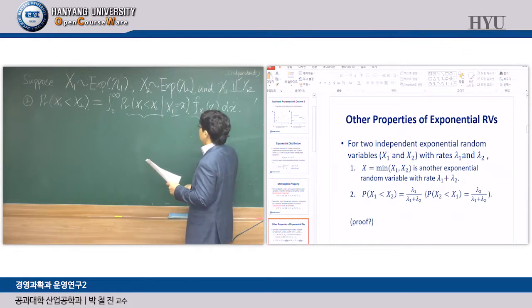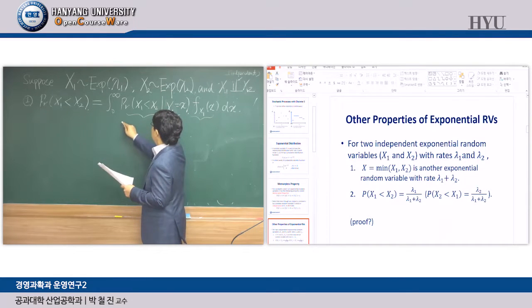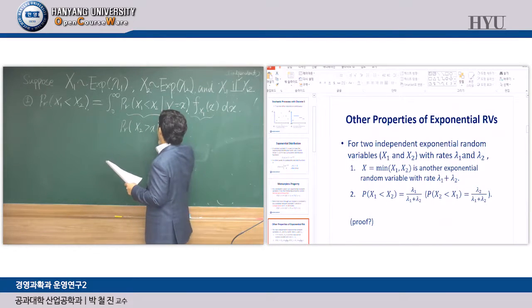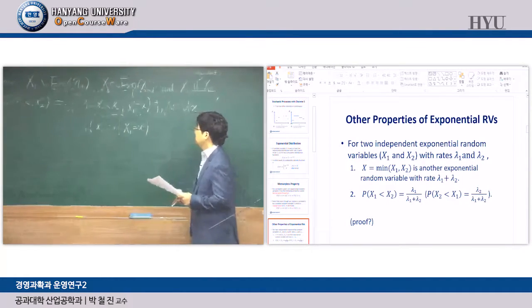Actually, in this case, this one is the same as the probability that X2 is greater than small x, given that large X1 equals x, right?